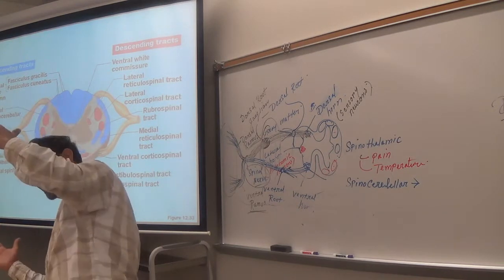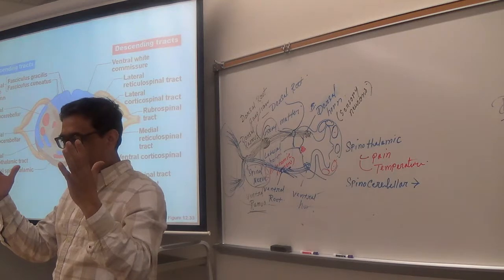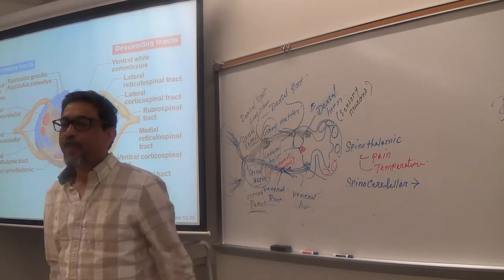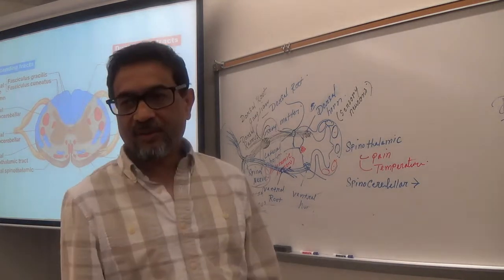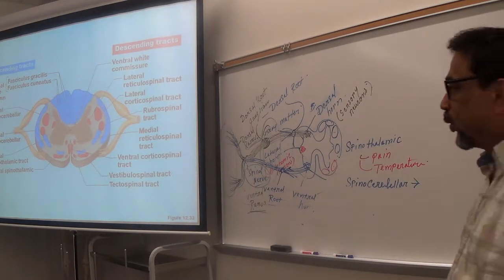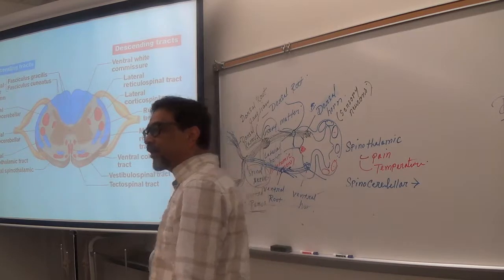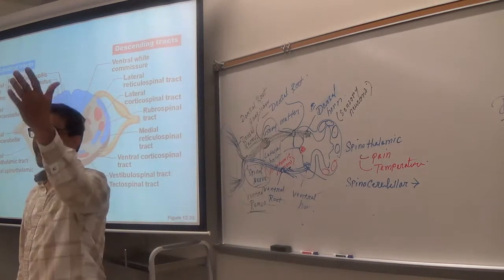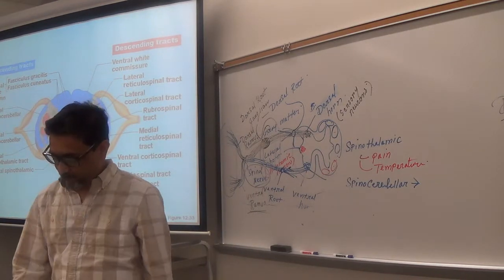I am falling this way. So it will try to fix it, right? Balance. So, the body position signal from the muscles and joints goes to the cerebellum through the spinocerebellar tract.